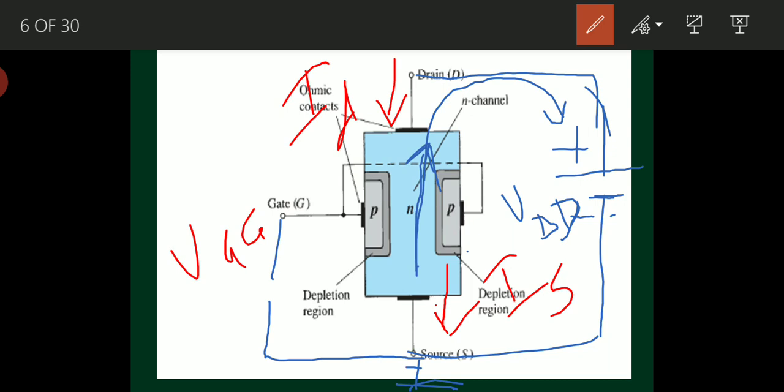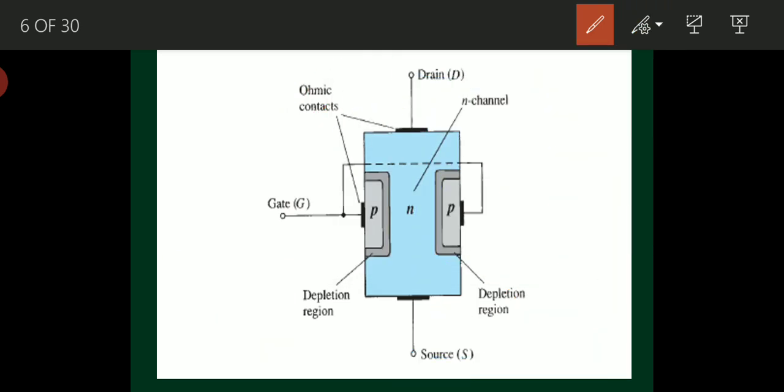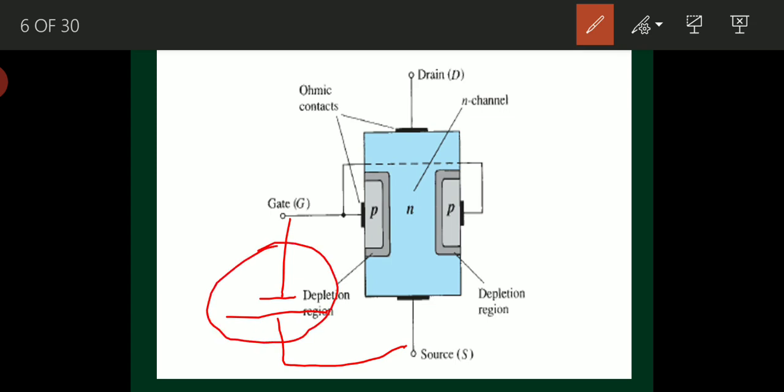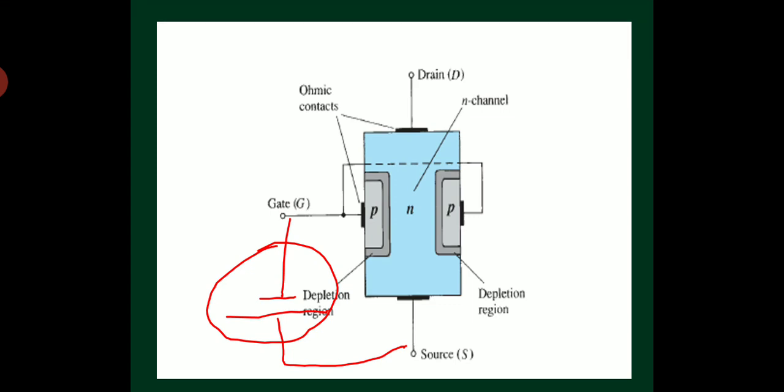You can give positive voltage here and negative voltage here, or in other words, negative voltage here and positive voltage here. The voltage at the gate terminal gives you different characteristics, right? So let us see the circuit diagram.